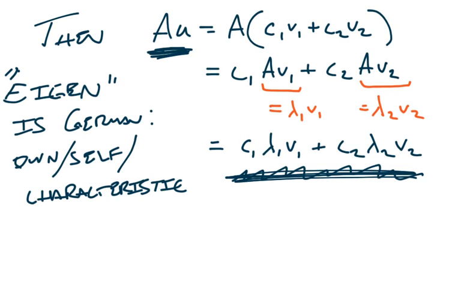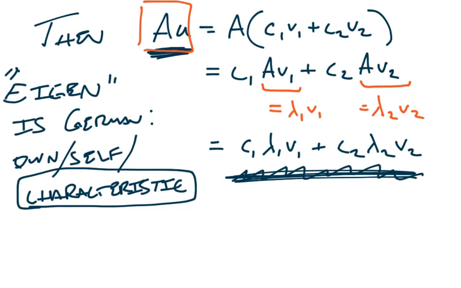All right, so the reason why the Germans, who originally formulated all this theory, called them eigenvalues and eigenvectors is because they are characteristic vectors and characteristic values for the matrix. Characteristic in the sense that you can take your matrix applied to any vector in the space, and you can decompose it into a statement purely about its eigenvalues and eigenvectors. All right, so that's what they mean when they say these are characteristic values. They completely determine the characteristics of your matrix.